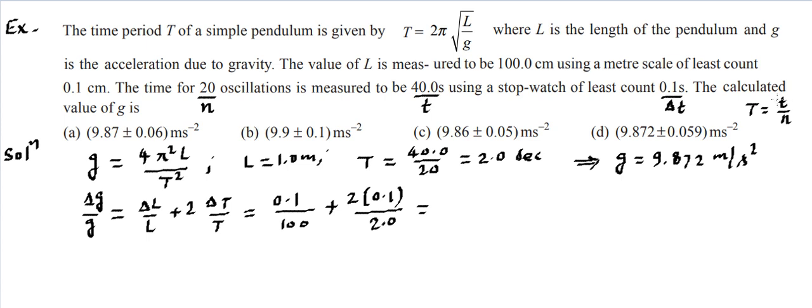So what we should do is replace this capital T by small t divided by n. This is the appropriate way to go ahead, because this delta t, small t, has a 0.1 value and n is errorless. So let me rewrite over here. I'm just erasing this part. The calculation which we proceeded with had a bit of error in it, so we are just rectifying it.